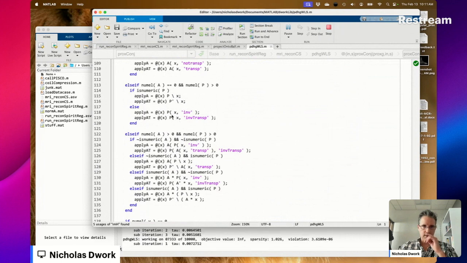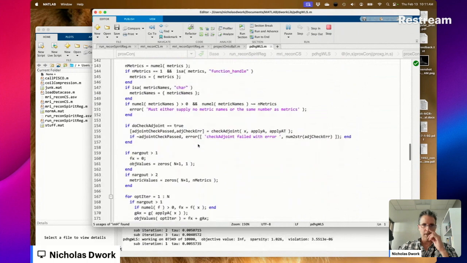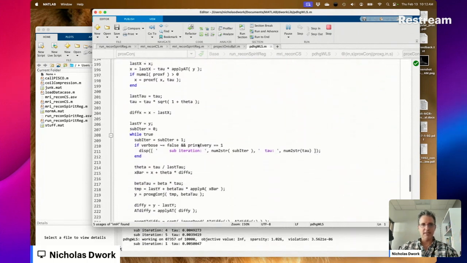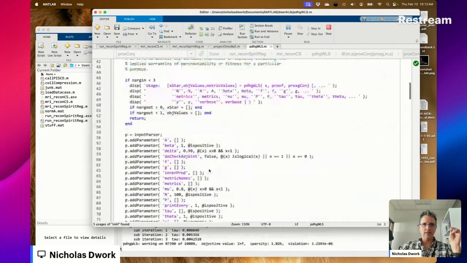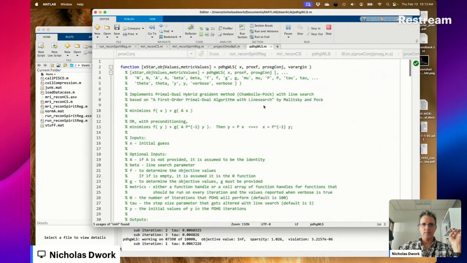Oh no, I could supply any invertible one. I don't know. The only thing I've even pretended to try this with is diagonal preconditioning.